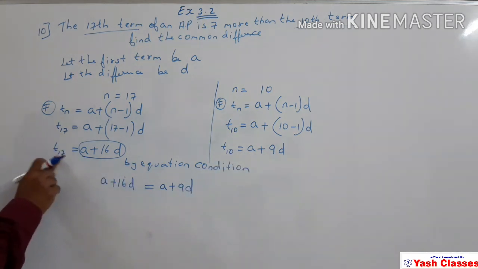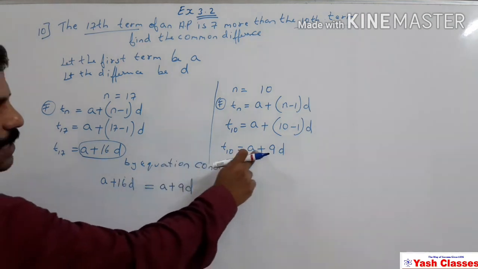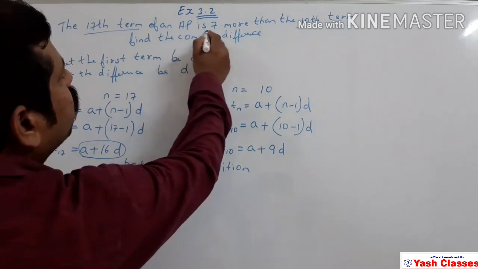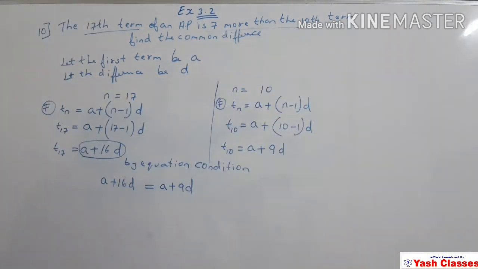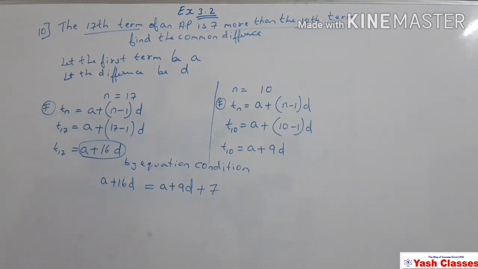You have to not write these as 17 terms here. 17th term is a plus 16d. Here 10th term is a plus 9d. But 17th term is 7 more than the 10th term, so here you have to write plus 7.